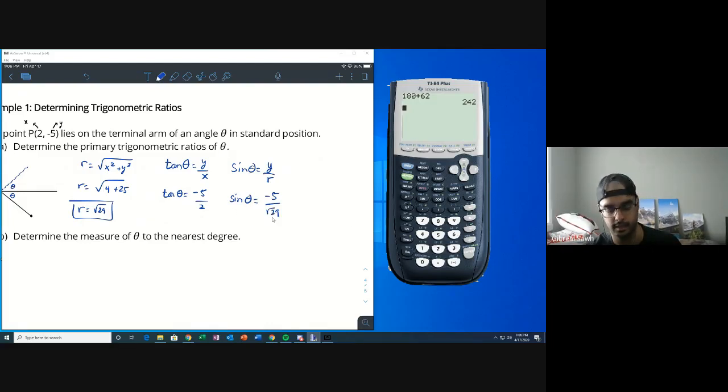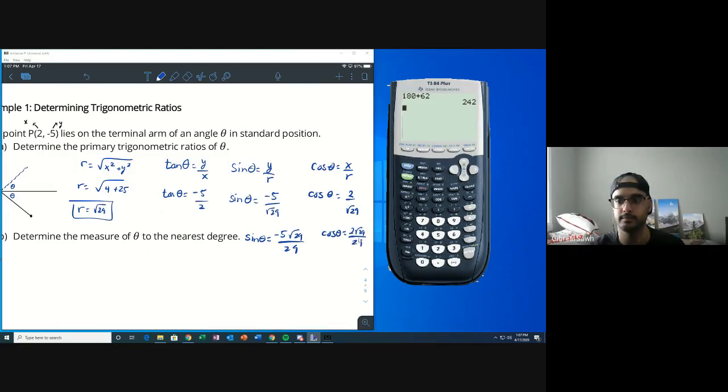Let's rationalize this. So sine theta becomes -5 root 29 over 29. Cosine, same thing. So cos theta is x over r, which means cos theta is 2/root 29. So cos theta equals 2 root 29 over 29. Okay, it's rationalized. Things are good. They're in the place they need to be.